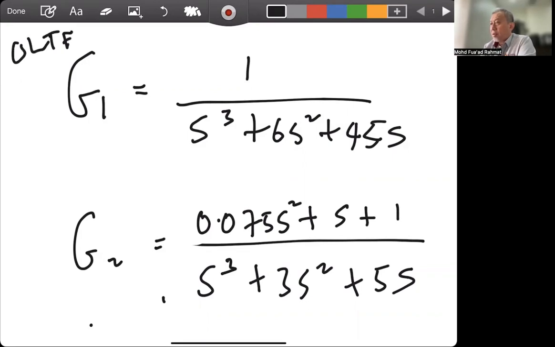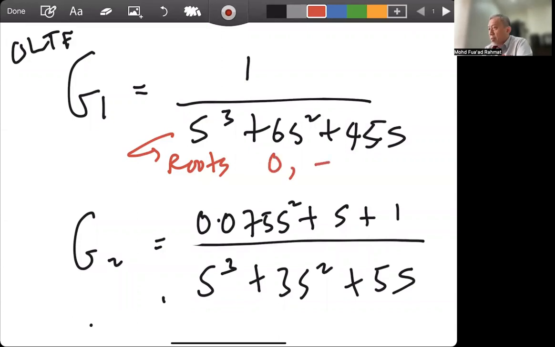First thing first, we try to find the roots here. The roots is 0, minus 3, plus minus J6, and then this one.